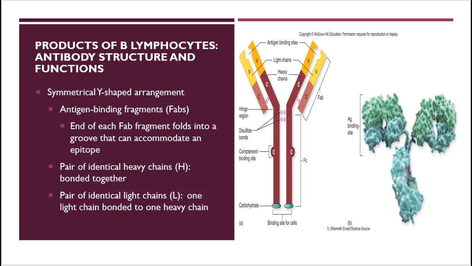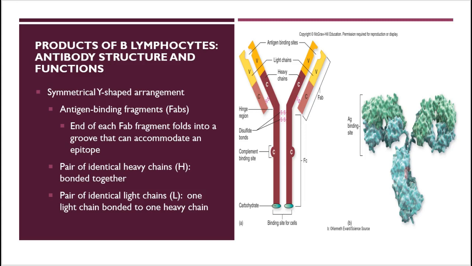It's composed of two long, heavy chains that are bound together with disulfide bonds, and then it has two light or short chains that are also bound to the heavy chains with disulfide bonds.